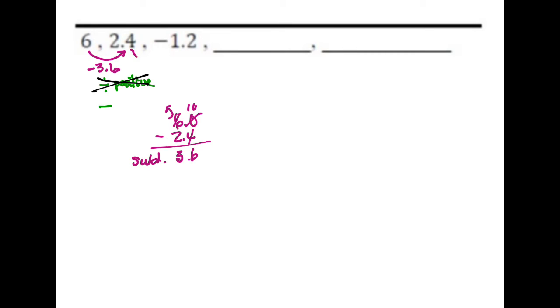Okay, do I subtract 3.6 to get to there? Okay, so negative 3.6, positive 2.4. Yep, we're going to subtract and keep the sign of the biggest one, sure enough. Okay, so we want to subtract 3.6 again.